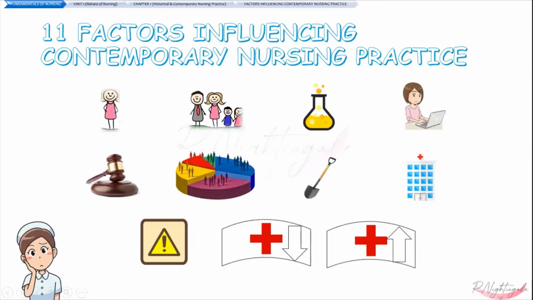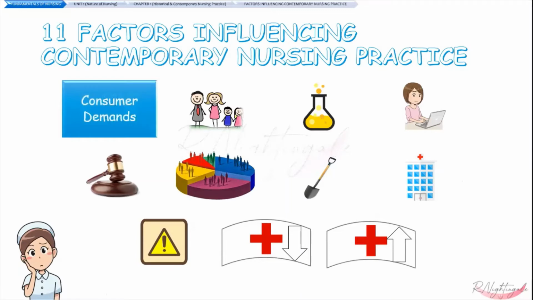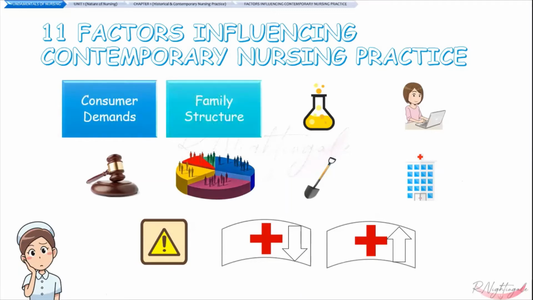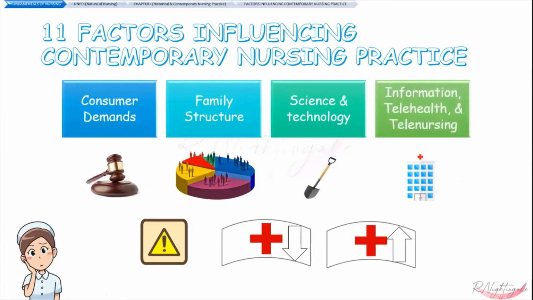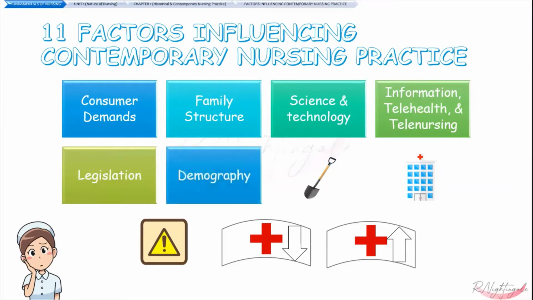So what does this stand for? First, consumer demands. The group of people stands for family structure. The beaker stands for science and technology. The woman working on a laptop stands for information, telehealth, and telenursing. The equipment used by a judge stands for legislation. The pie chart with a group of people on it stands for demography.